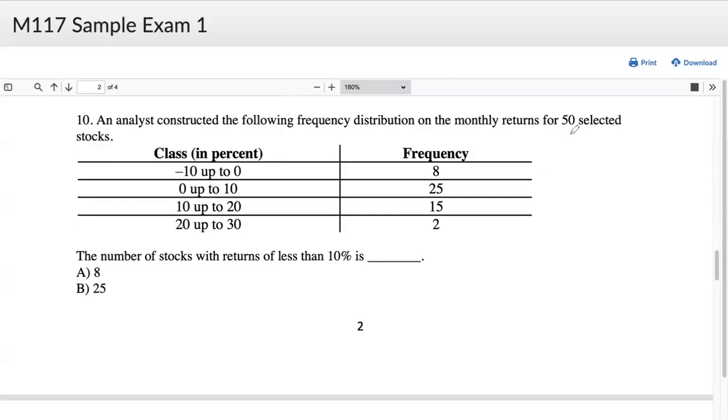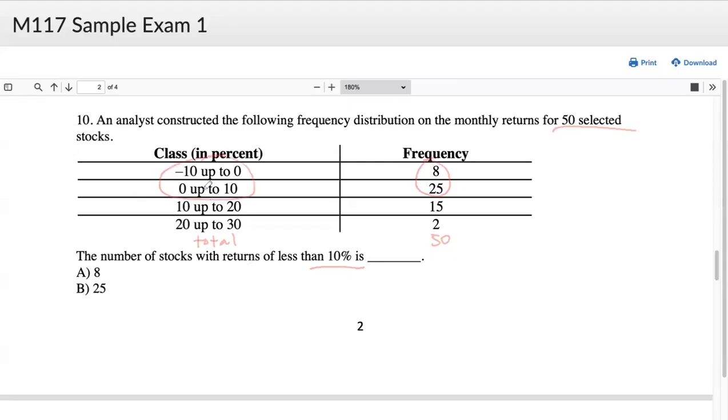So this one, 50 selected stocks. So which means total is 50. So let's count 2, 10, 35 plus 15, 40. Yes, 50 total. So number of stocks with return of less than 10%. Less than 10% is those two categories, right?